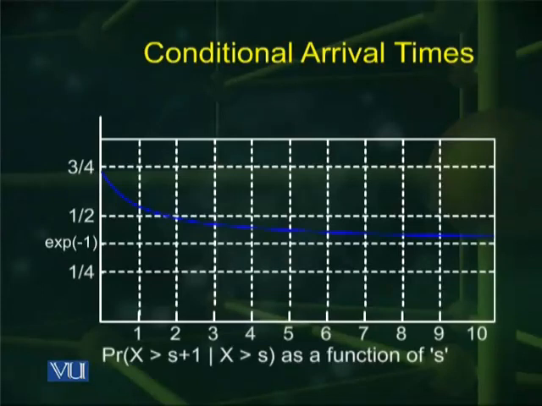So the probability of the customer not arriving in the first minute is high, but if you have already waited for a certain number of minutes, then the probability of the customer not arriving in the next minute goes down. But it does not go to 0. It goes down, then it levels off, and asymptotically it becomes a constant value.